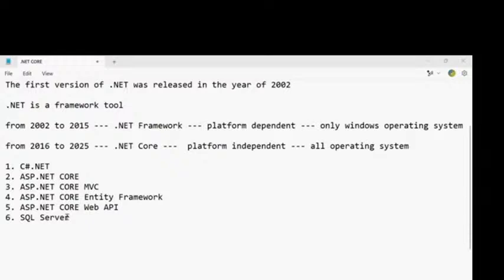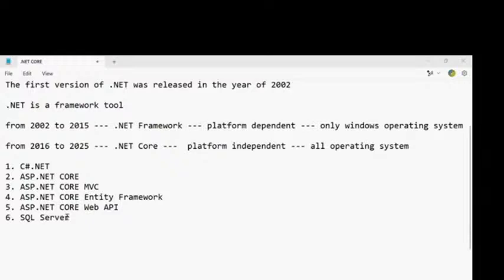First, let me discuss base class libraries or framework class libraries. Without base class libraries, you cannot write programs in .NET. Without CLR, you cannot run .NET programs. Both are important for us.